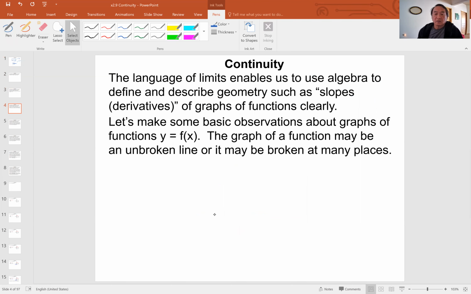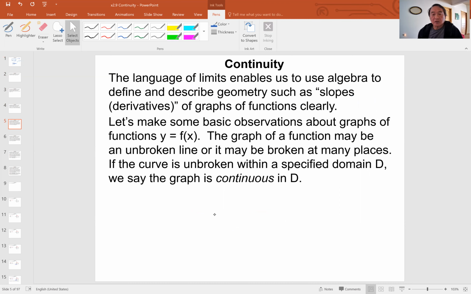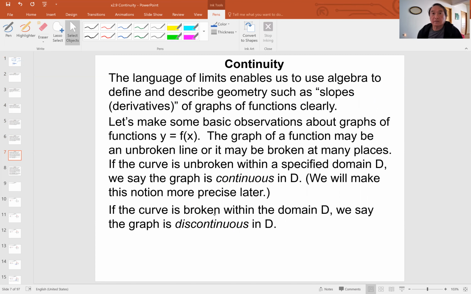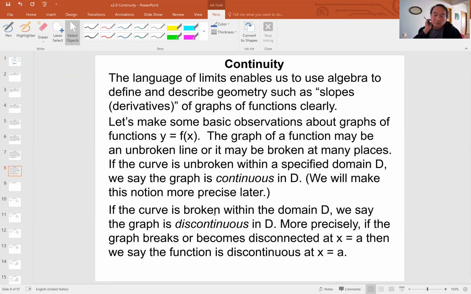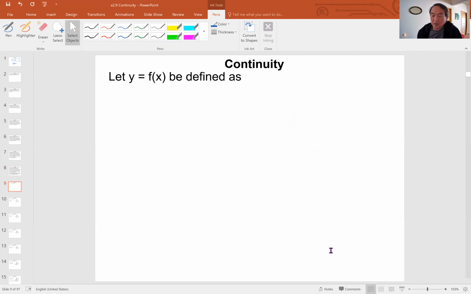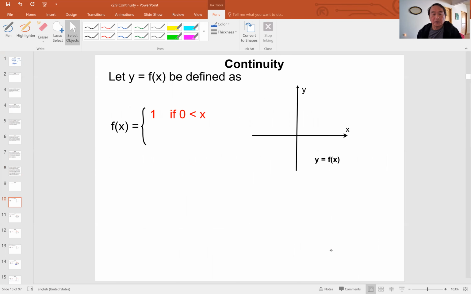We're going to use the language of limits to define what intuitively matches our notion of broken or not broken. If a function's graph becomes disconnected at a point x equal to a, we say the function is of course discontinuous there. Let's start with how we do this.